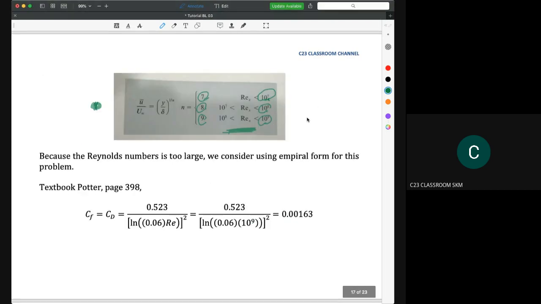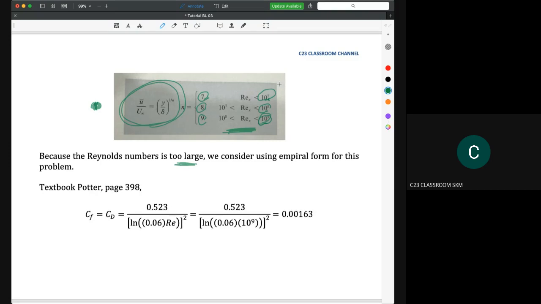We have the maximum limit of this one, so I assume that the Reynolds number is too large. I assume that it is not proper to solve this problem using the power law form. Please remember that in turbulent flow we have two methods: one is the power law form and the other is the empirical form.